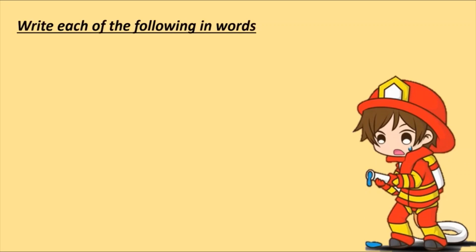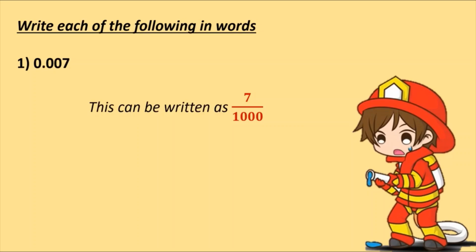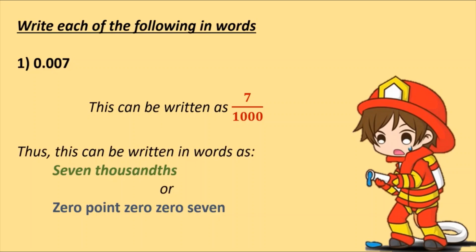So, the first sum is 0.007, which means 7 by 1000. So we can write it in words as 7 thousandths or 0.007.